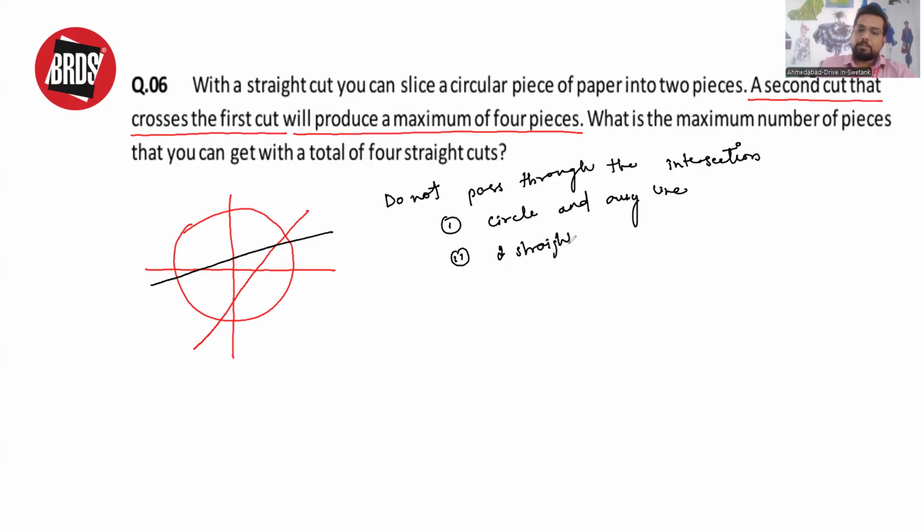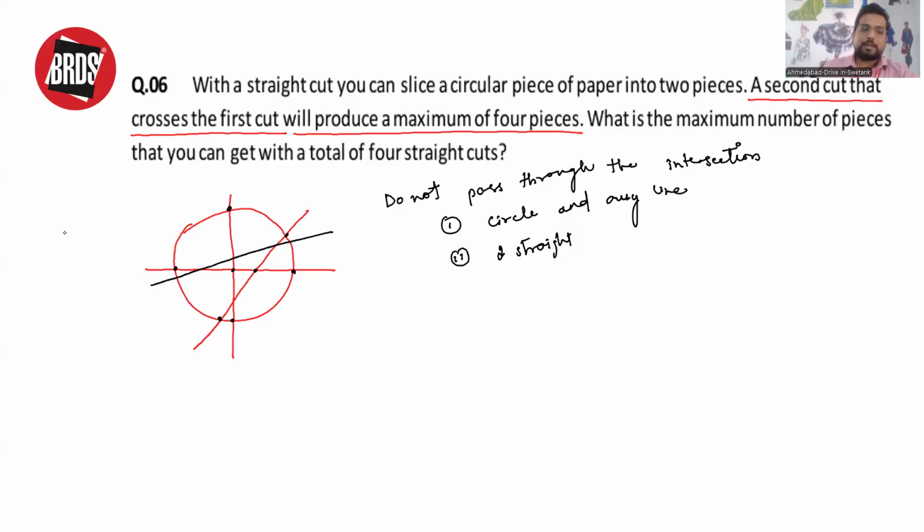Do not let it pass through these points, and also do not let it pass through all these points. Otherwise, you will get a lesser number of pieces. So you have to keep that in mind.